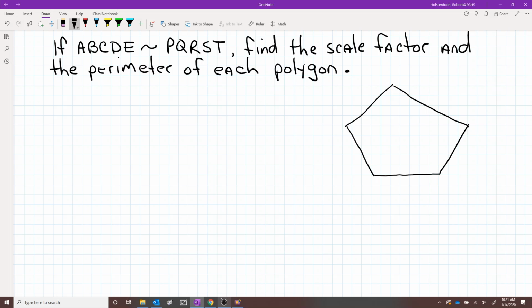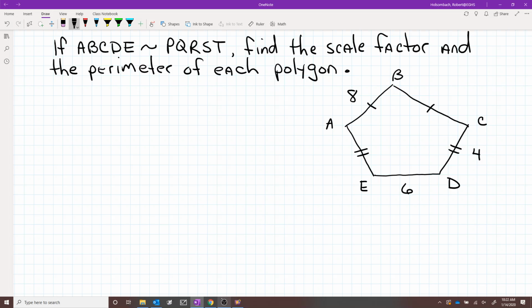Alright, your first pentagon is ABCDE. And you've got some side lengths. AB is 8. CD is 4. DE is 6.